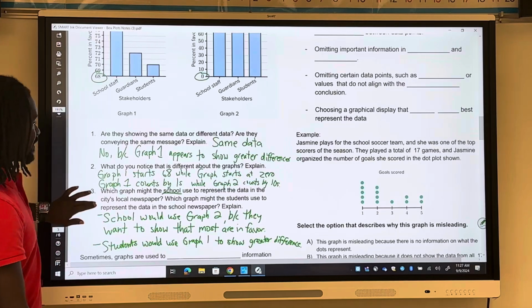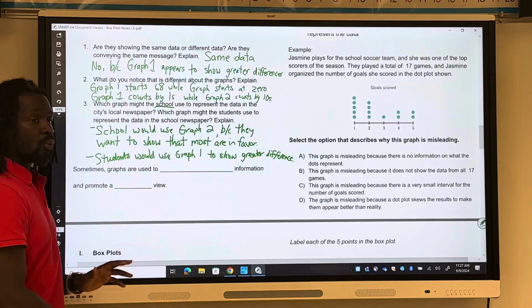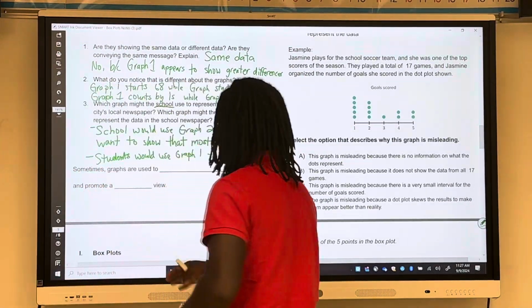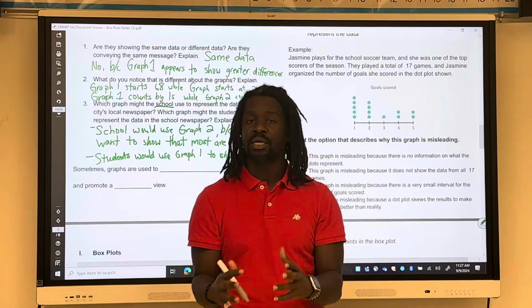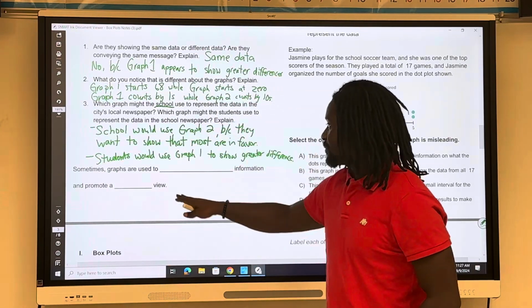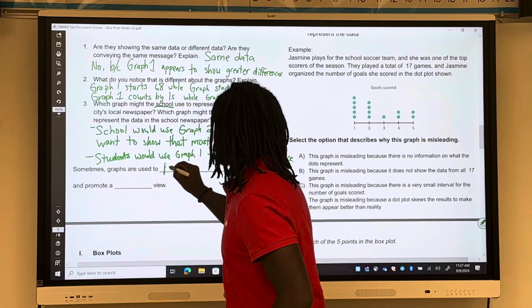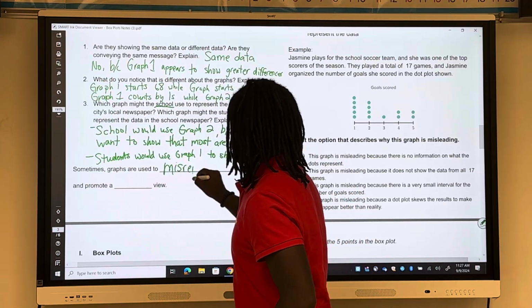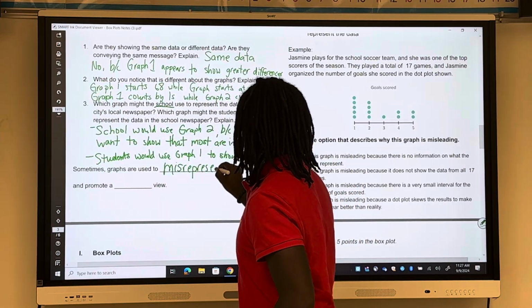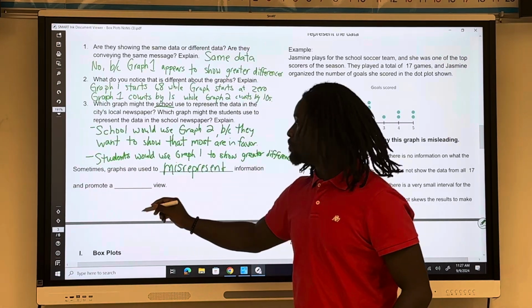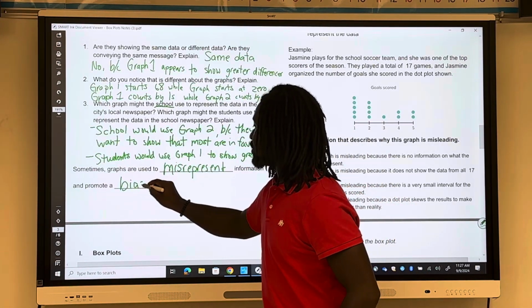So there you go. So what I want us to understand is that sometimes, and this is kind of the main point of what I just shared, sometimes graphs are used to misrepresent information and promote a biased view.